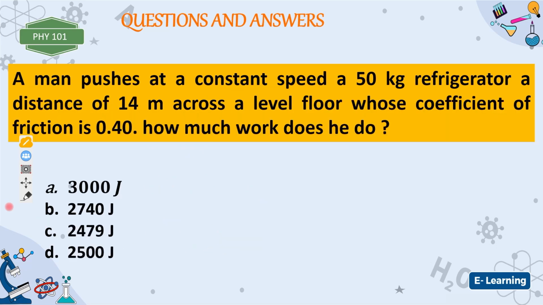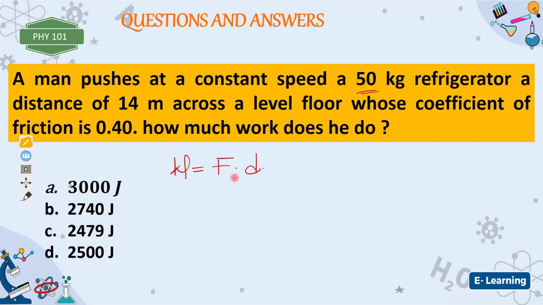Now, a man pushes at a constant speed a 50 kg refrigerator a distance of 14 meters across a level floor whose coefficient of friction is 0.4. How much work does he do? Now, what is the formula for work? Work is force times distance. Is that okay?